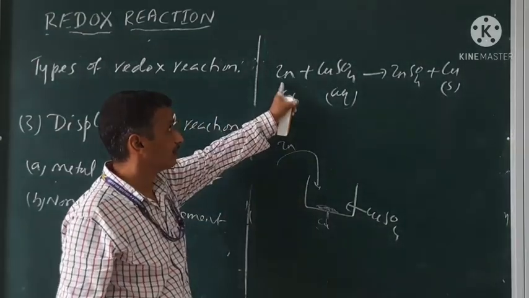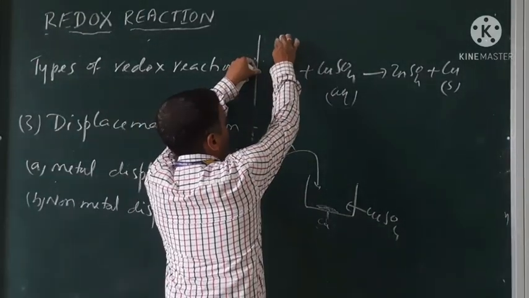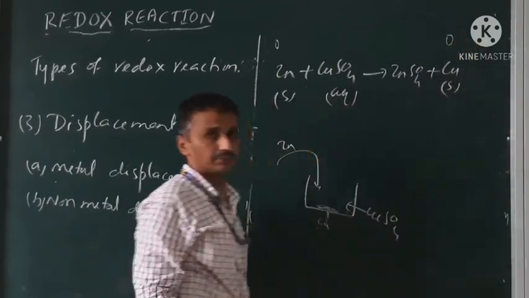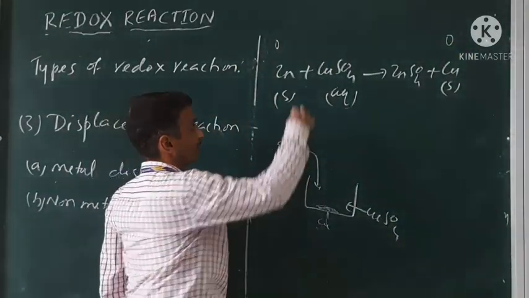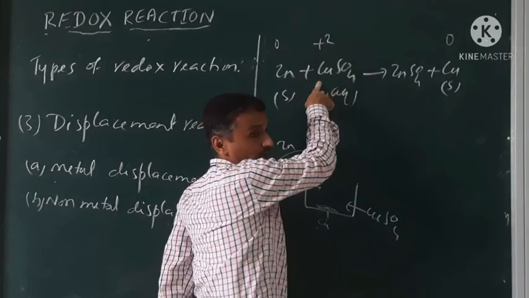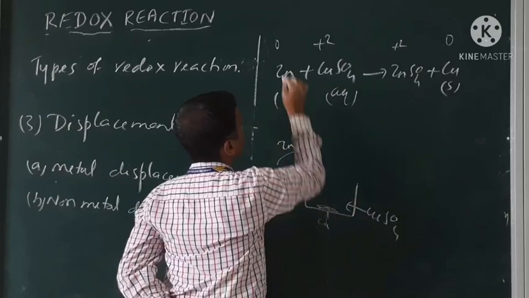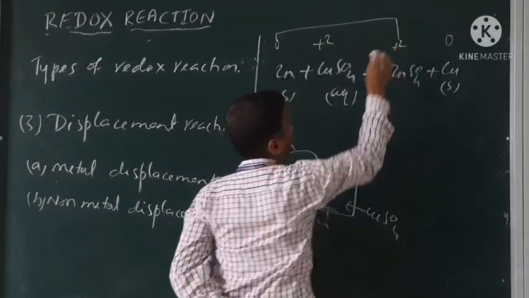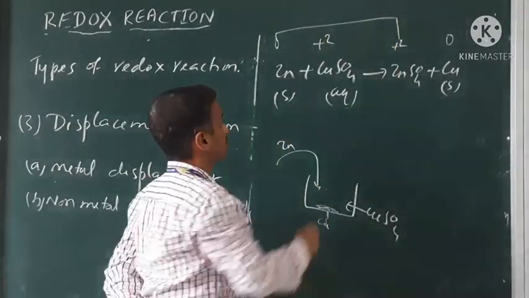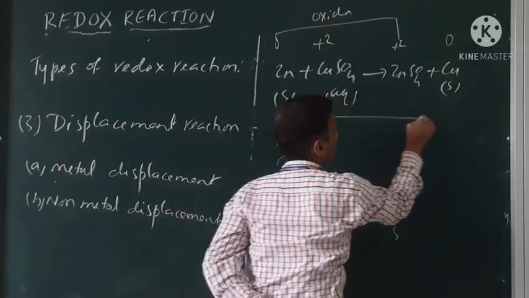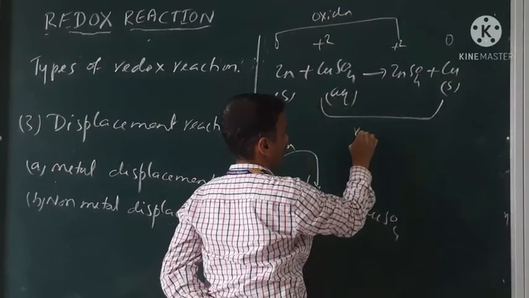So what happens here? Zinc is in the zero state, copper is in the zero state, elemental state. Whereas here copper is in the plus 2 state, because Cu2 plus SO4 2 minus. So you see 0 to 2 is an increase, oxidation; plus 2 to 0 is a decrease, reduction.